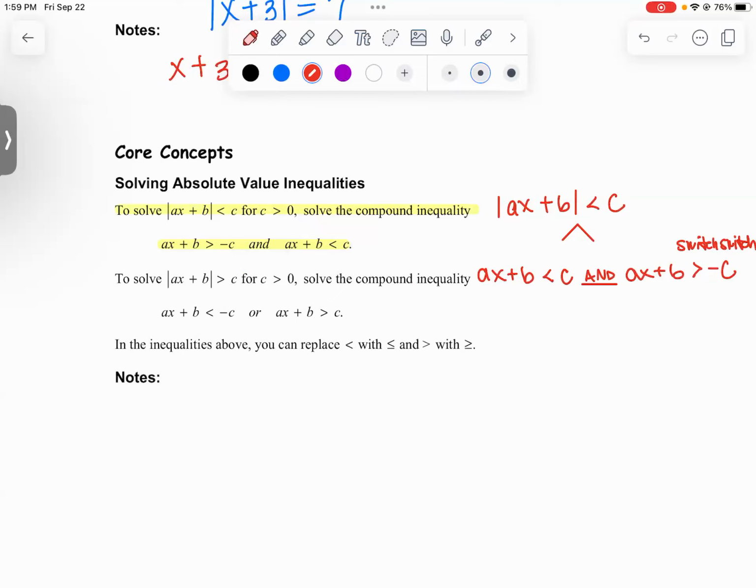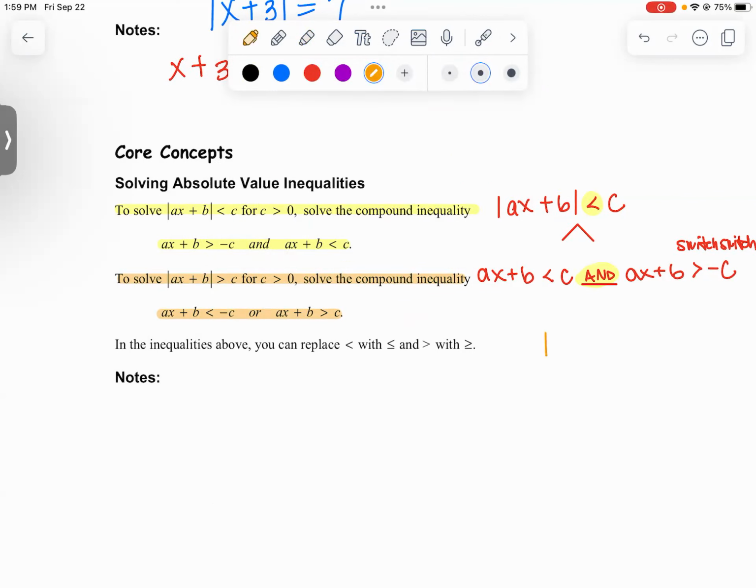When the inequality for our absolute value is less than, we get an and. However, switch.